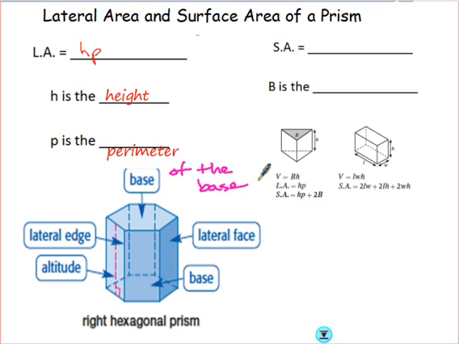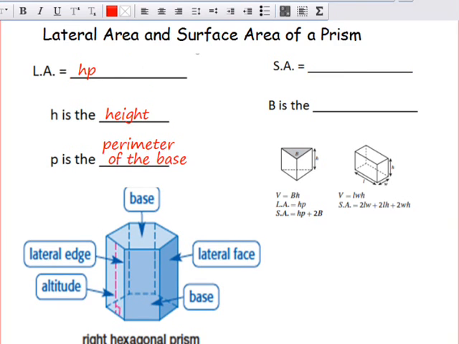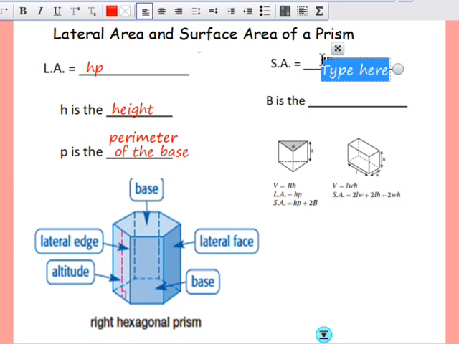It may seem I'm being nitpicky there, but the specifics matter. I told my class earlier, understanding the difference between perimeter and base, area of the base, and lowercase b and capital B, all these things come into effect. The formula for surface area is now, and listen, you can use 2LW plus 2LH plus 2WH if you have a rectangular prism.